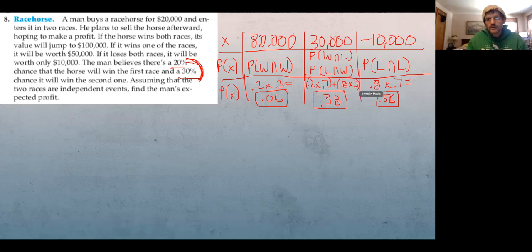So if we do this, that's the calculation that we'd have to do. But if we do that, we should get 0.38. And you can verify that one. And I believe it comes out correct.